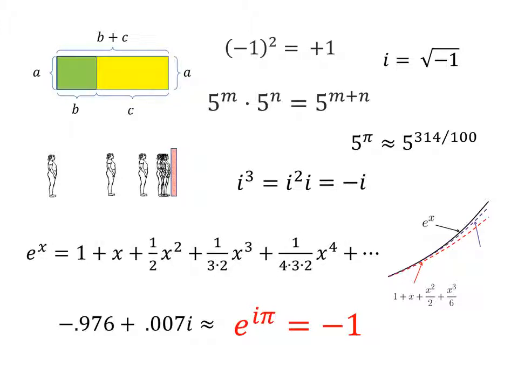Using the expression by Euler for a power series expansion of e to the x, we can first verify that it's true by graphing it, and then we can substitute it into a calculator when x is i pi, and find a numerical result consistent with the theoretically accepted value of e to the i pi is -1.